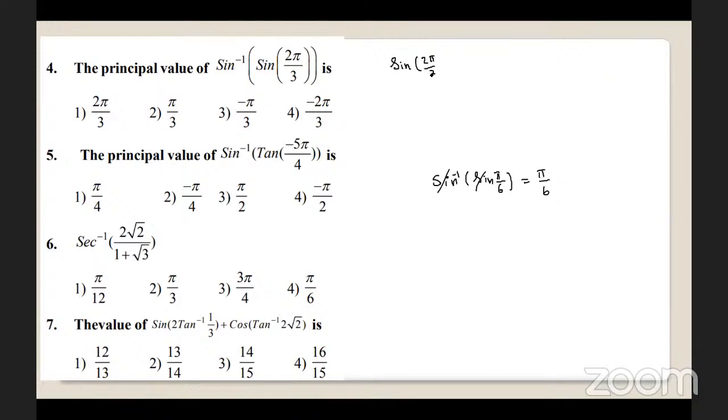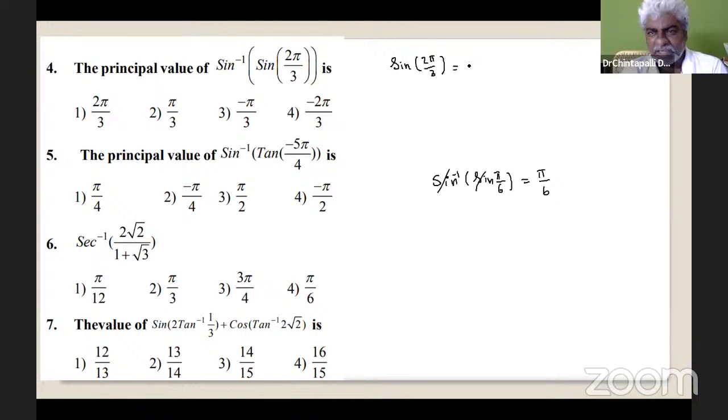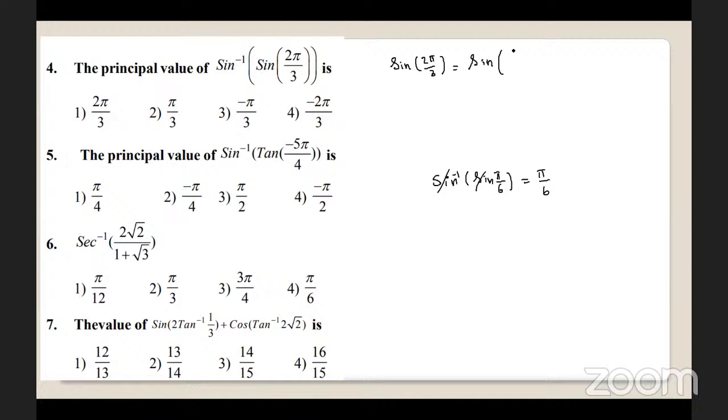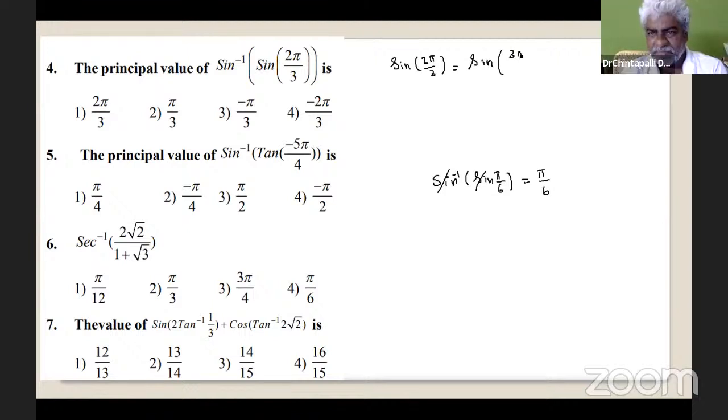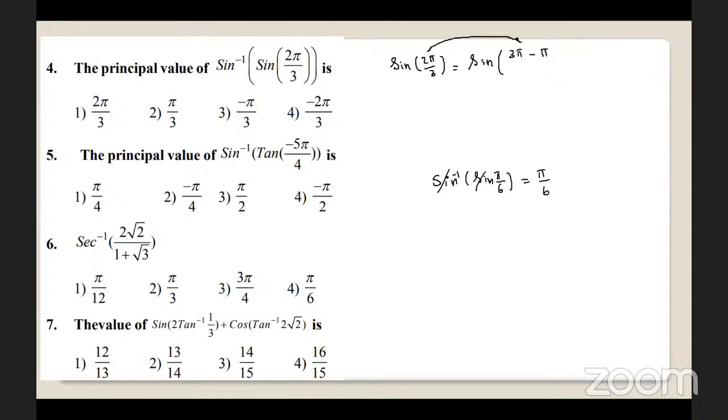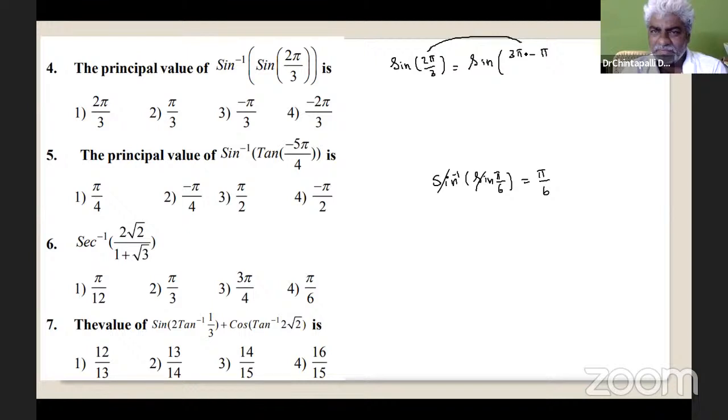We discussed one formula: sine of pi minus theta is equal to sine theta. Do you remember? Yes, sine of pi minus theta is sine theta, right? Can we write 2 pi by 3 as 3 pi minus pi by 3?